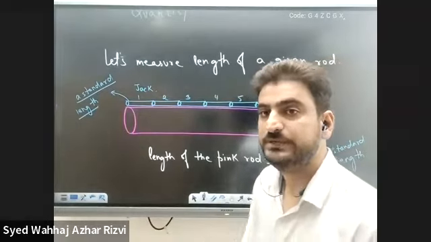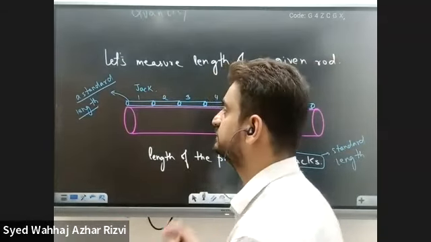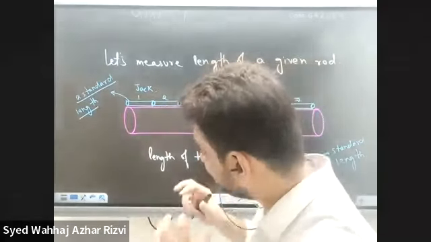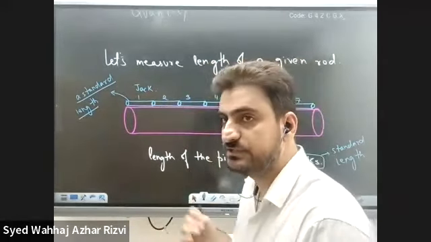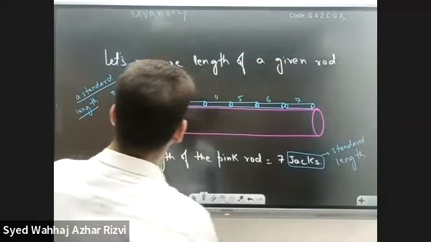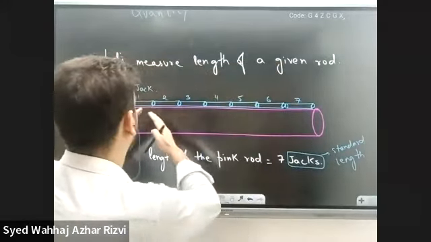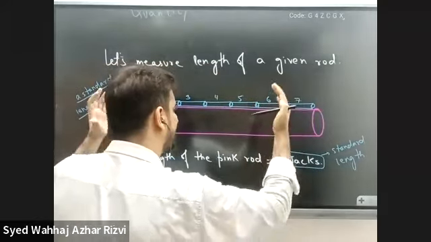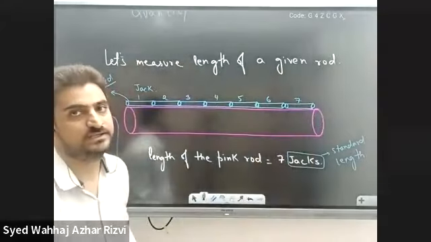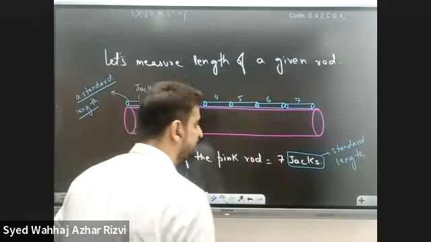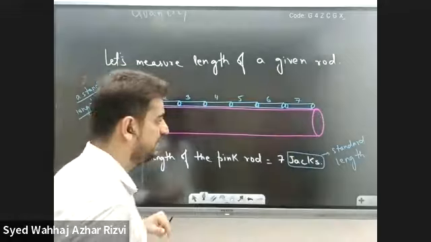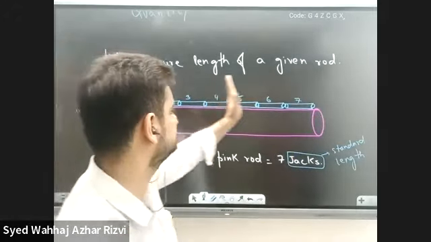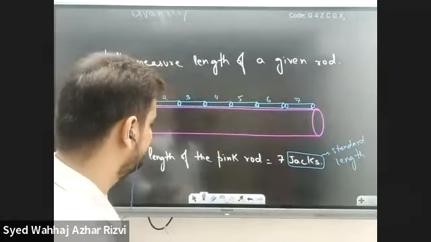So what we do, we take a standard amount of a physical quantity, which is here length, and then we try to repeat that standard quantity a few times so that after repeating it those many times, the whole of it becomes equal to the amount of quantity actually given to us. So what is the amount of quantity actually given to us? It's that of the pink rod. And what is the standard? The standard length is 1 Jack. How many times is it repeated? It's repeated 7 times. Got it?